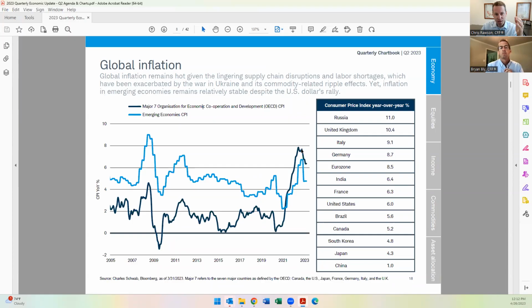We want to spend money and have experiences. Inflation is coming down in general terms. This was interesting, we thought we would share. You can see in the UK year over year it's 10, Italy 9, so Europe in general 8.5. Here we are with the US at 6. In some lower countries down here, Japan 4.3, China is 1.